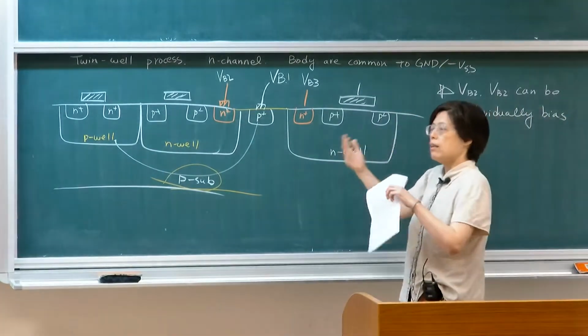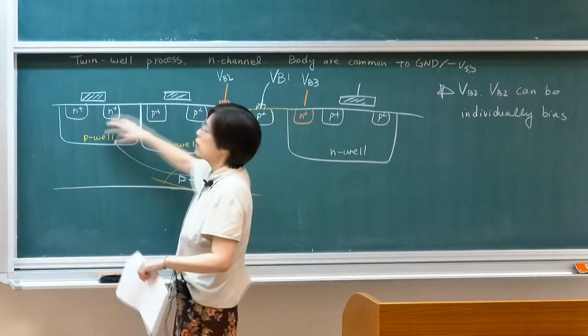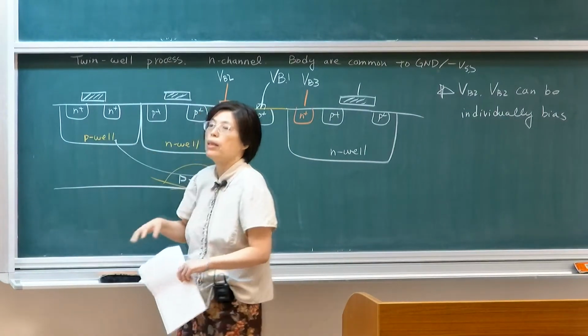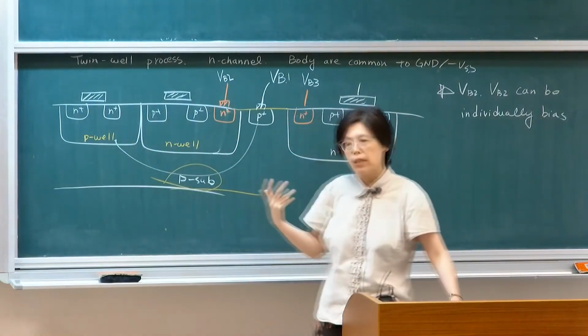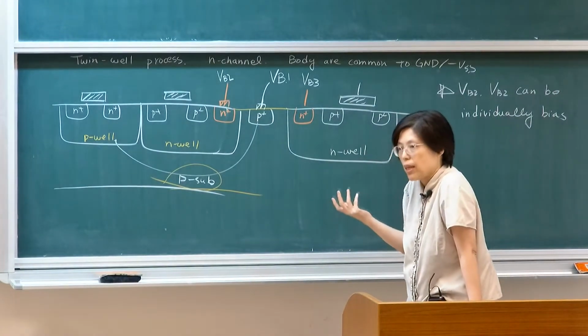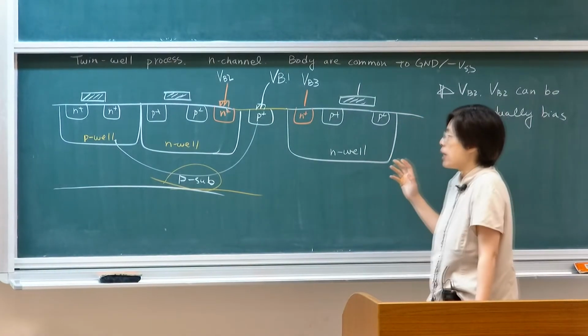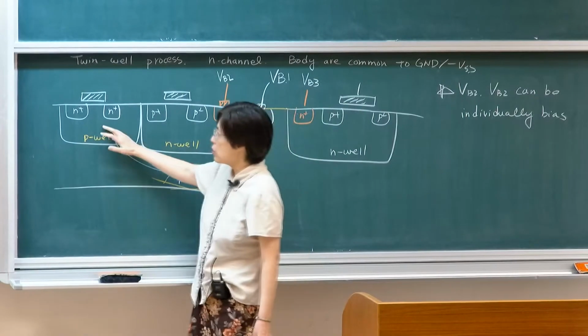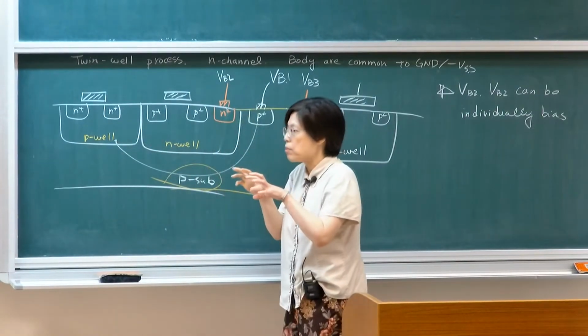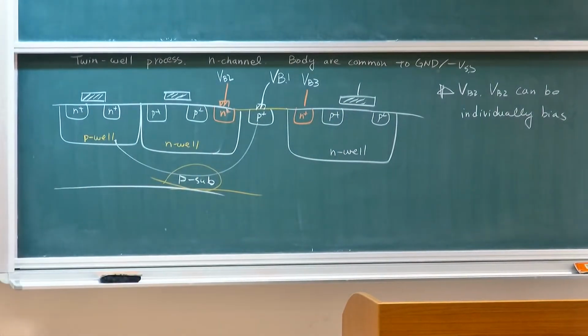Of course, there's like triple well to surround it so that you can have independence. But just to give you a sense, if you're having a twin well process, this simply implies that the body of your N-channel transistor is not within your control because it's shared by everybody.